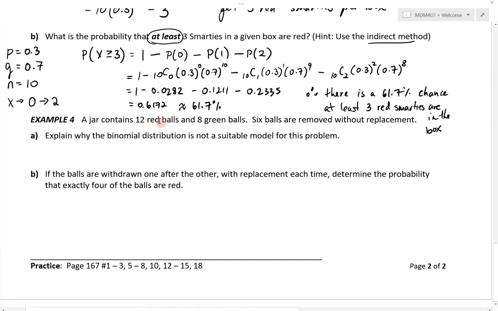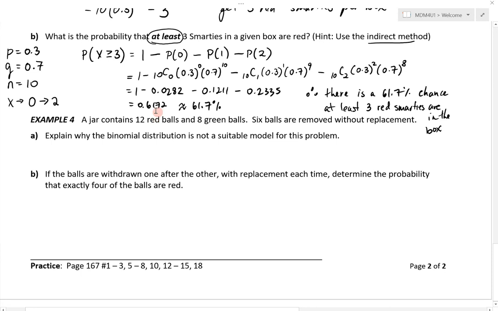You either pick a red ball or pick a green ball. So if you're focusing on red balls, you pick a red ball or not pick a red ball. But why is this a problem? The problem is you're doing this without replacement. So the number of balls is going to change every time, which changes your p-value and your q-value every time you conduct a trial, which would not make the binomial distribution suitable.